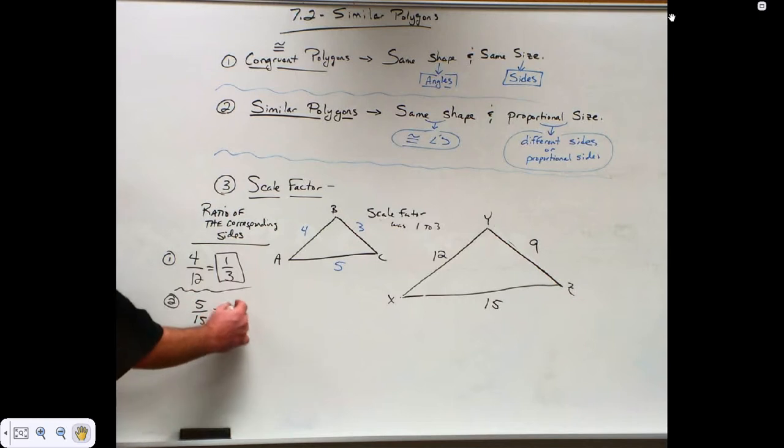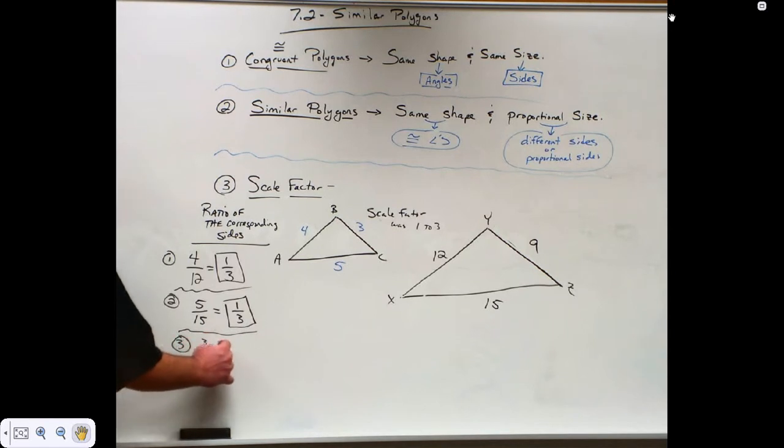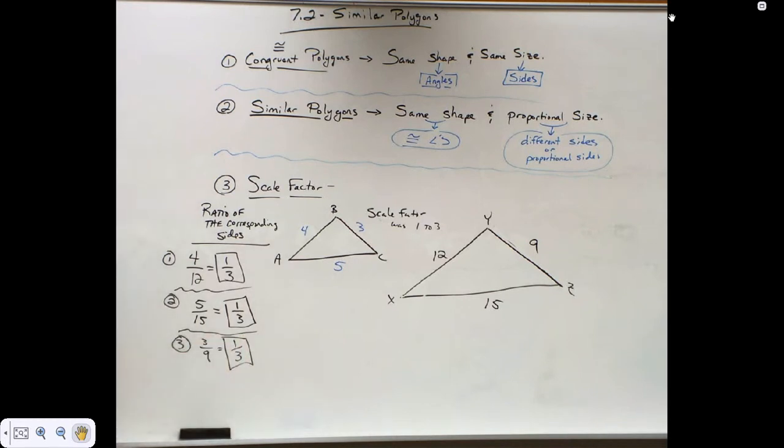When I reduce that, what do I get? 1 over 3. I see a pattern here. What about the next one? 3 over 18. So what do you think my scale factor here is?